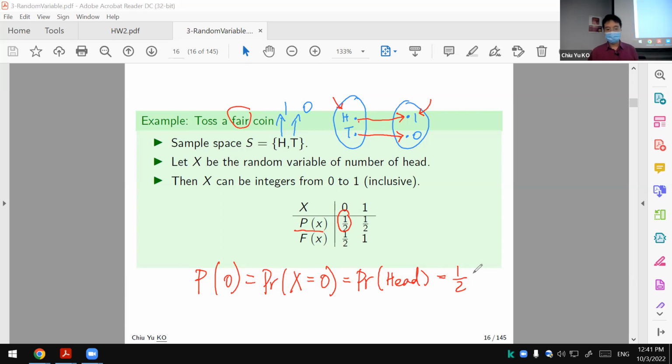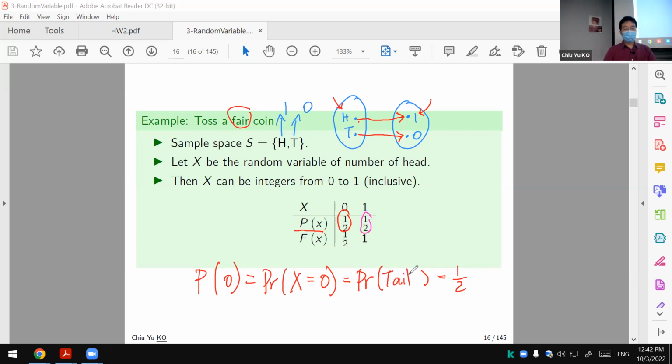And in a similar way you can convince yourself this is 1/2, because X equals 1. Oh, sorry, I made a mistake. It's not a head, it's tail. Sorry.